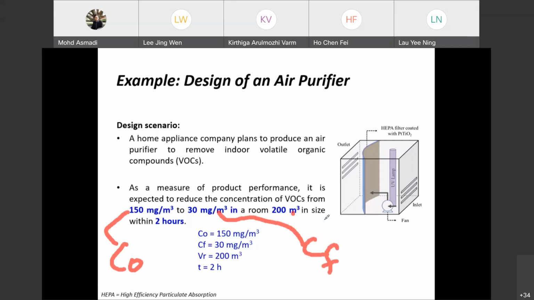And a room of 2 cubic meter, this one is the volume of the room, within 2 hours. So whether we want to store these volatiles, or we want to decompose, or we want to just absorb and then release, depends on your design. Generally for VOC, we don't want to just store, right? We want to decompose and release.